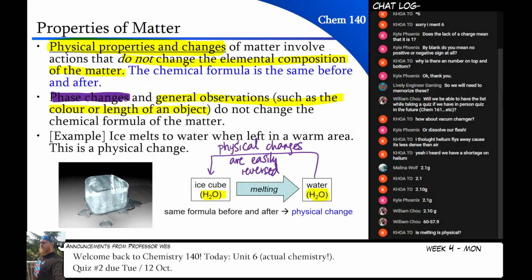So if you melt something, that would be a physical change because it was a phase change. Melting changes the phase of something from solid to liquid. Now, if you aren't sure if something is melting, try to revert it. Try to freeze it. What's the opposite of melting something? Freezing it. Can you make water turn back into ice? You can if you put it in the freezer.